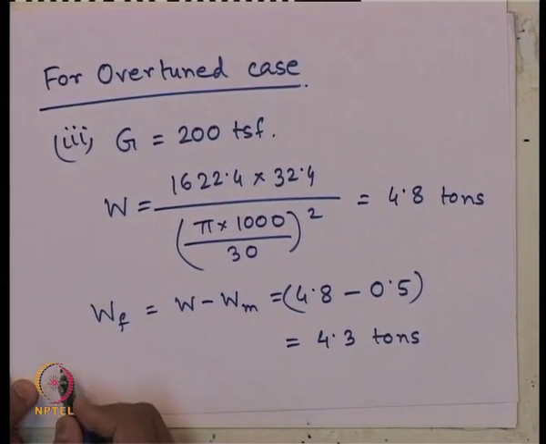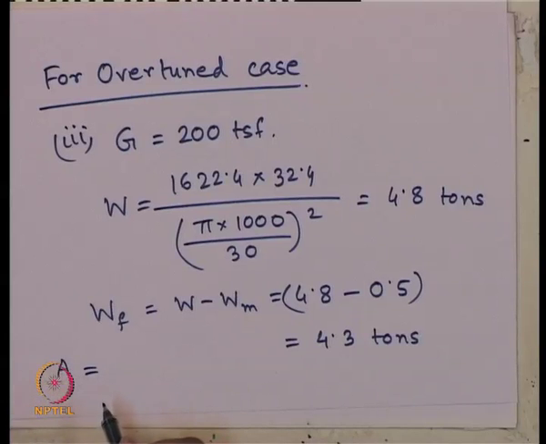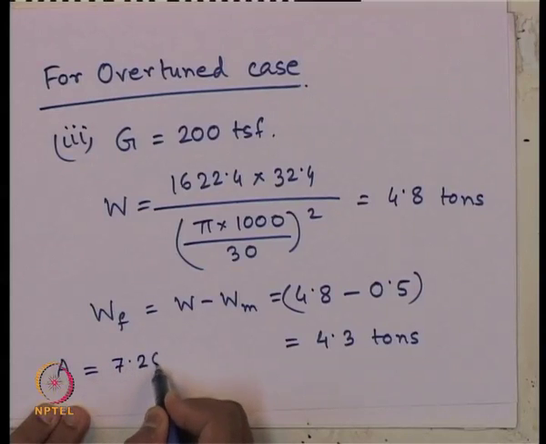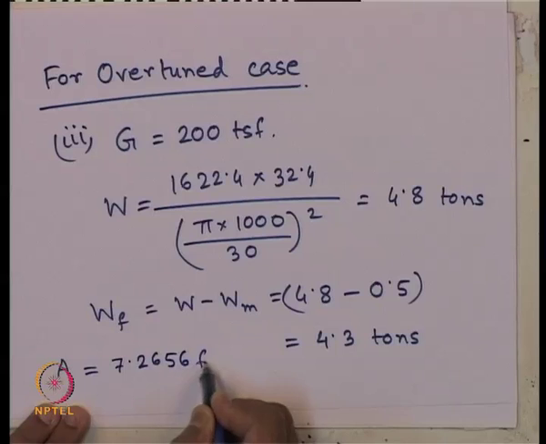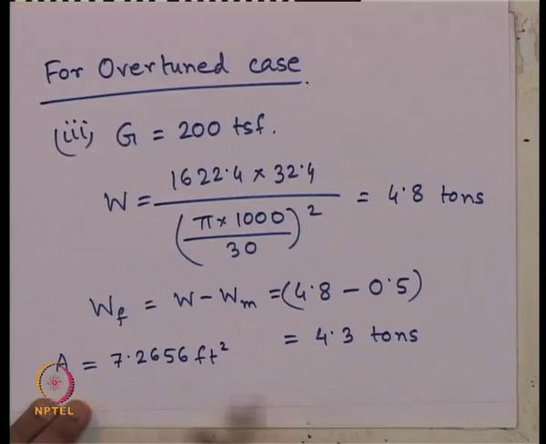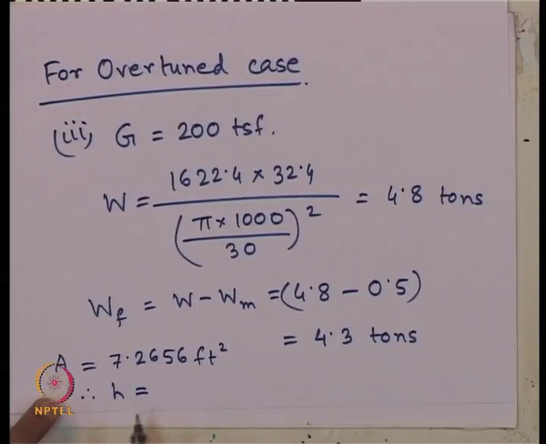Area provided, A is how much? We had provided area 7.2656 feet square, right. So, height we had assumed 15 centimeter. Now, we have to determine height, so that this weight is provided.